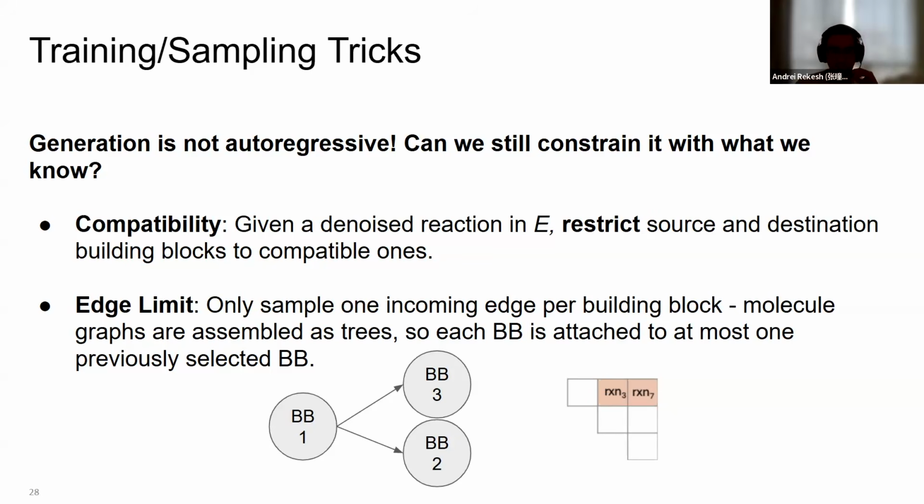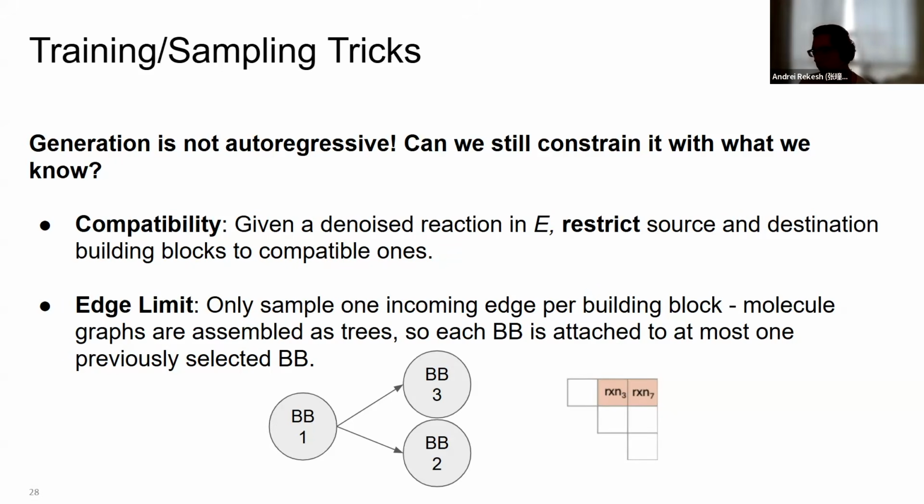If you're not familiar with how synthesizable molecule generators work autoregressively, you have this added benefit that since you know which building block you're attaching the next building block to, or which molecule you're attaching the next molecule to, you can explicitly filter for reactions that are compatible with the current molecule that you have, and same with building blocks.